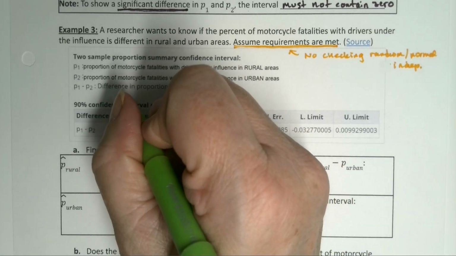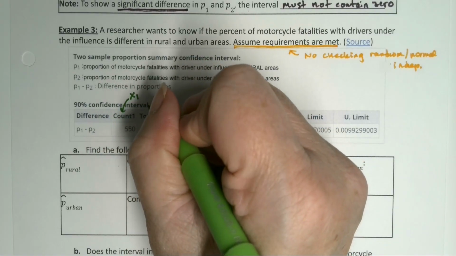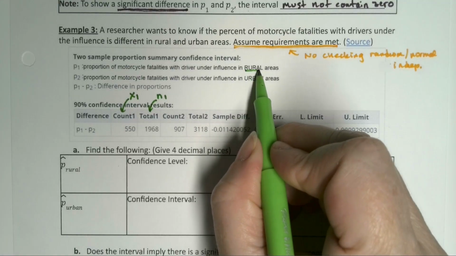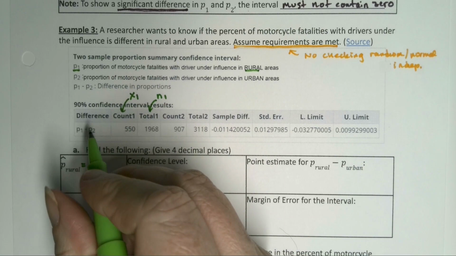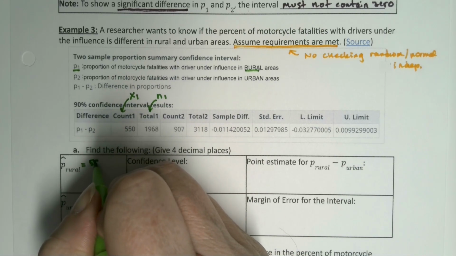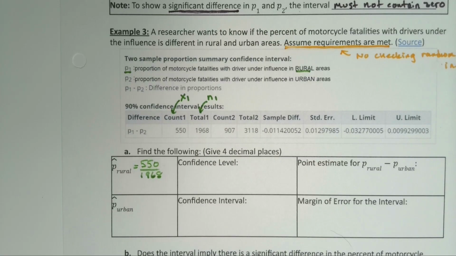Okay, sure, fine. So this is X for group 1 and this is N for group 1. And so if you want the p hat for the rural, and the rural was group 1, you want x over n. You want the 550, and you want to divide it by the 1968.